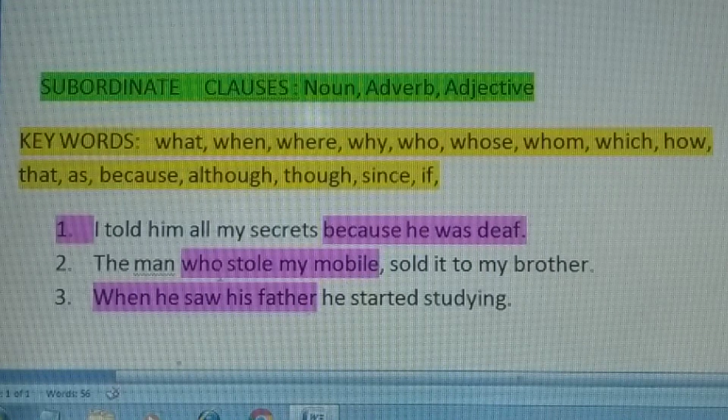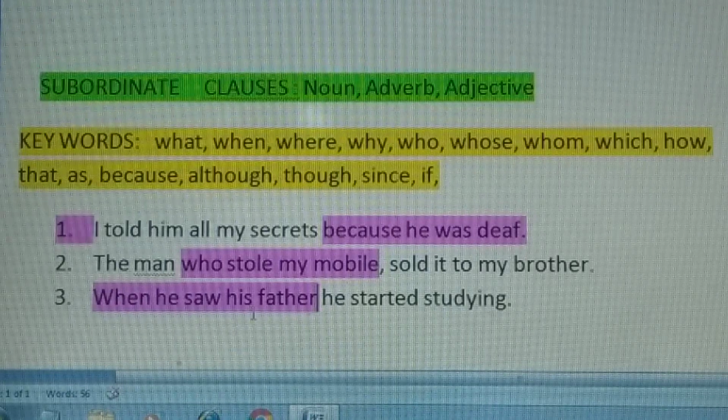Second possibility, sentence number 2: a part of the main clause is before the subordinate clause, and the remaining part is after it. The subordinate clause is sandwiched between the 2 parts of the main clause. Third possibility is that a subordinate clause may come in the beginning of the sentence before the main clause. See example number 3, when he saw his father.